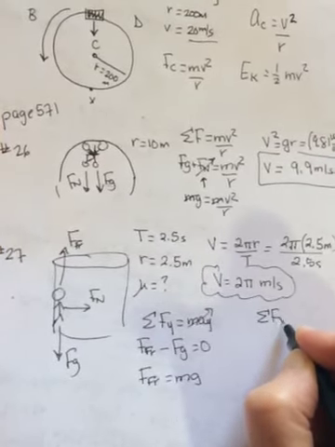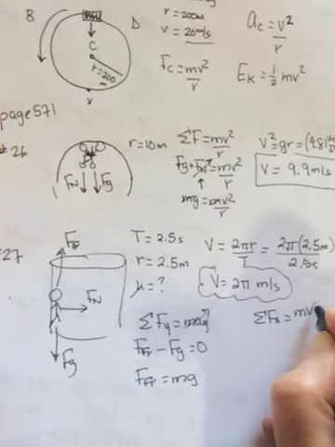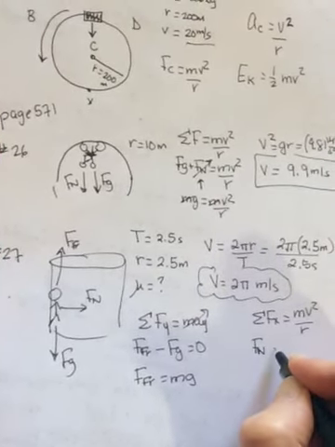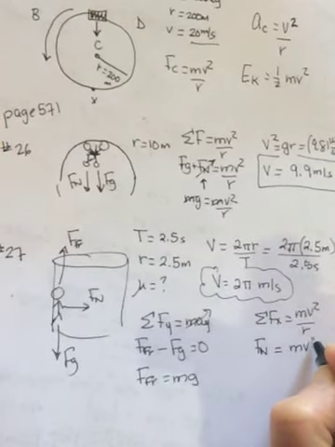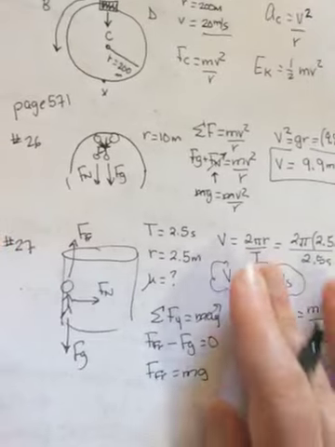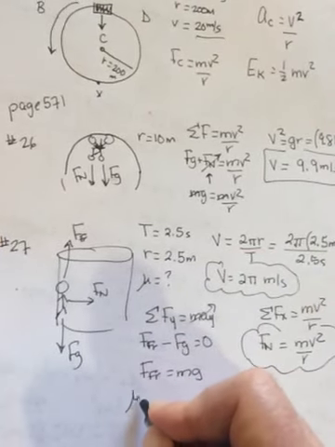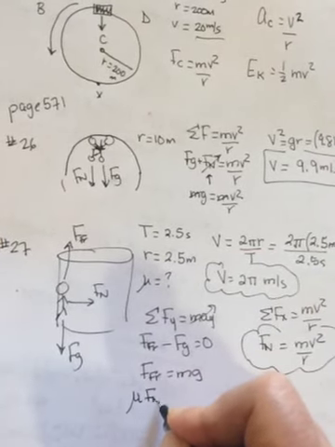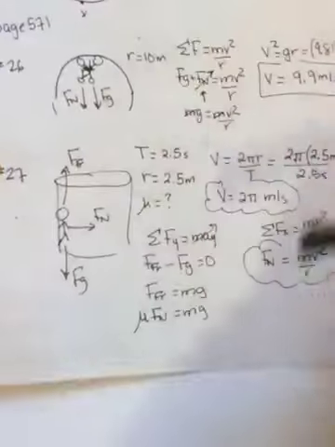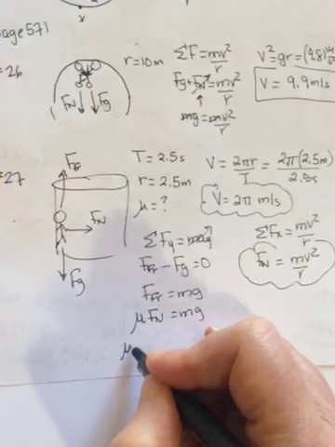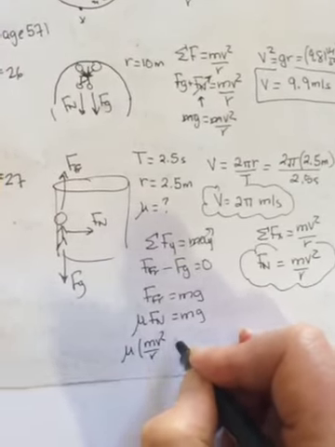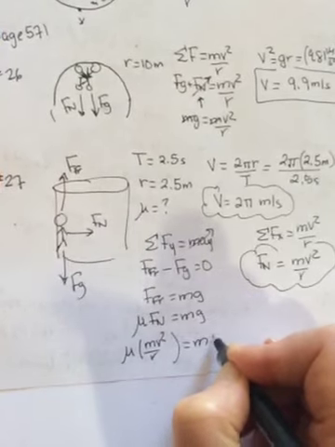Sum of the forces in the x direction should be equal to mv squared over r. So it'll be the normal force is equal to mv squared over r. And I'd be pretty tempted to take this and plug it in down here where we have FFR, which is mu Fn, is equal to mg. Okay, so then it would be mu brackets mv squared over r equals mg.